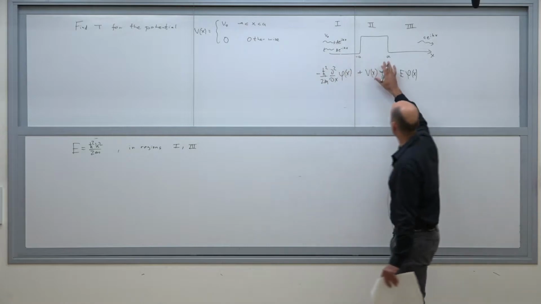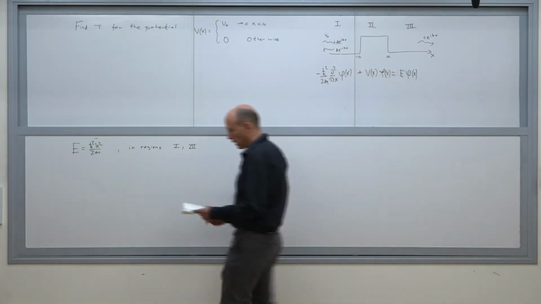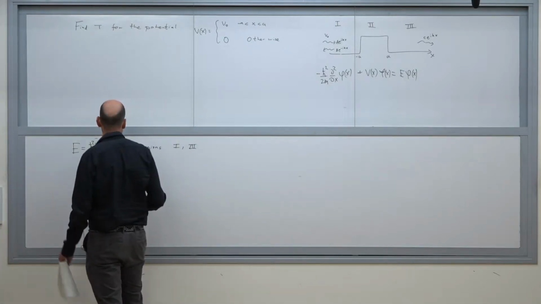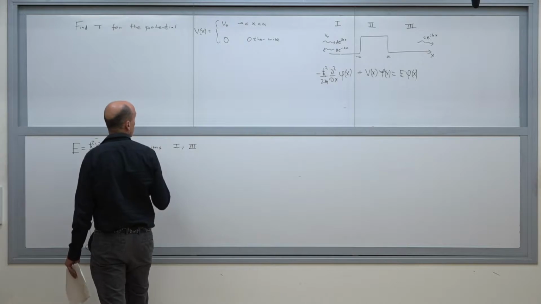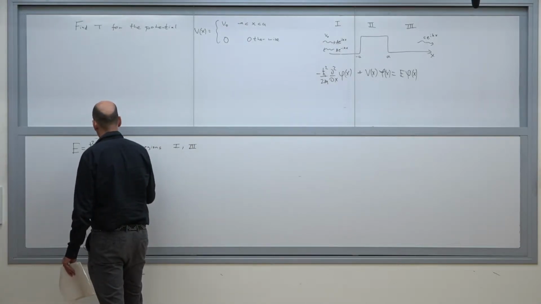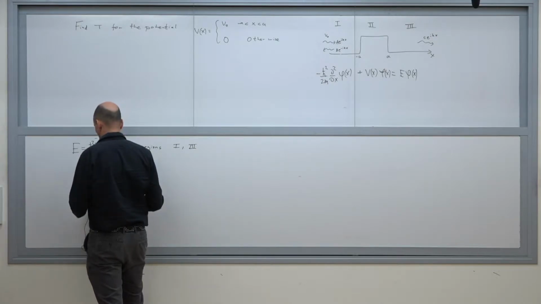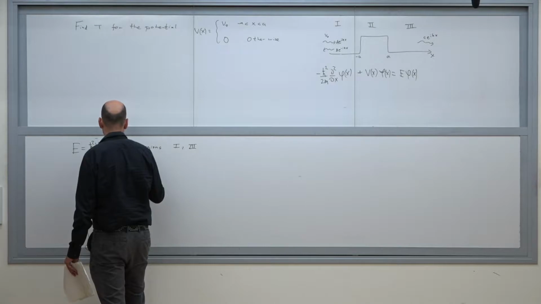Because in regions 1 and 3, the potential is 0. So I get a really simple equation that I will not even write down because it's trivial. Then you get the solution phi of x in these two regions, which is exactly what I wrote.